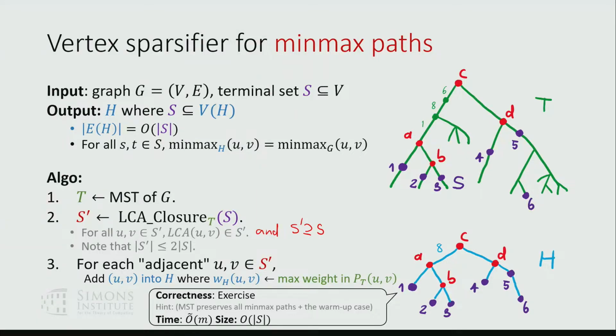The time to construct this is just computing the MST, which is basically linear time, and the size is also linear in S. So that's a simple example of how you construct a vertex sparsifier, compressing the graph to the size of the terminal set.